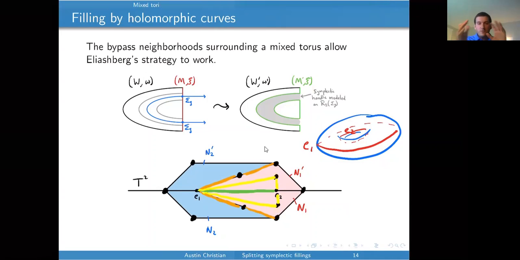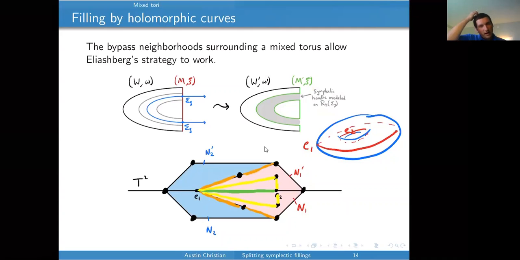And so, up to, again, some amount of lying, this family here connects maybe our positive version of the holomorphic curve to our negative version using this bottom piece, and allows us to sweep out some family of holomorphic curves and remove a one handle.